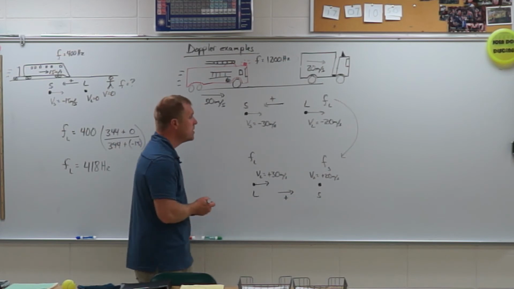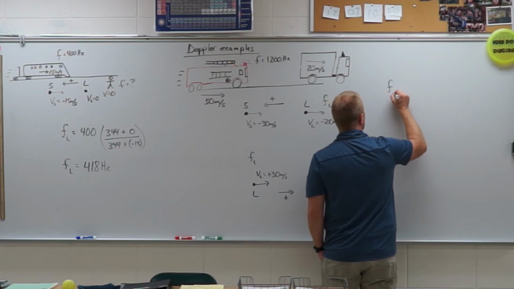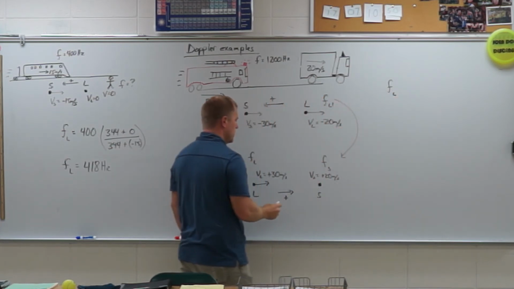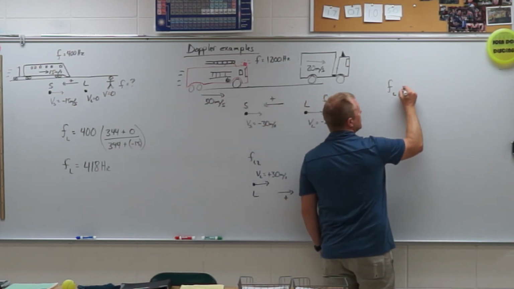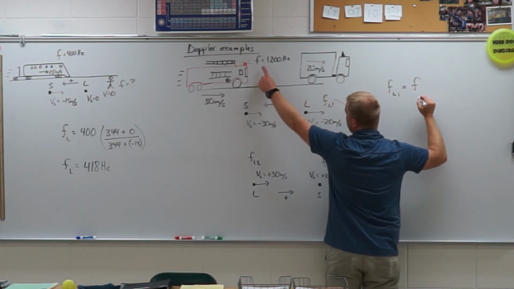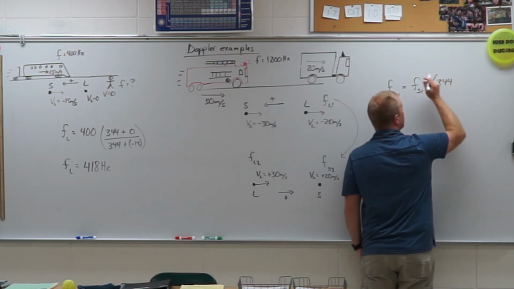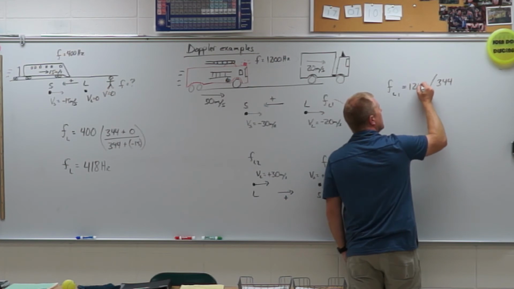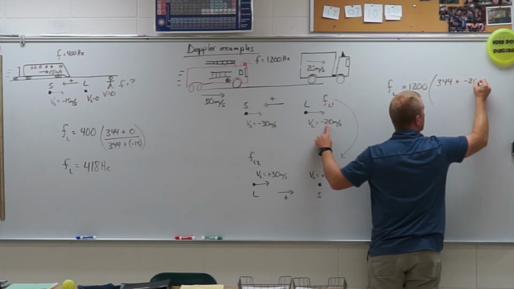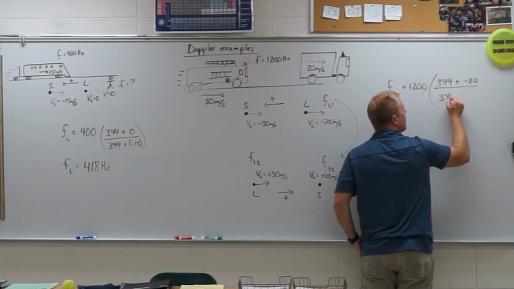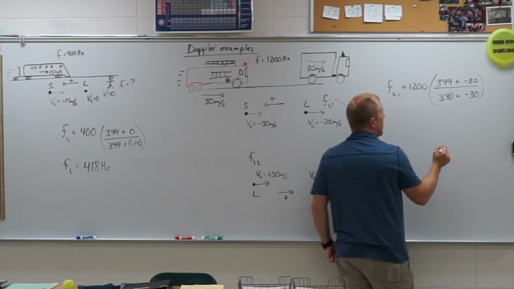So let's set that up. This is how it's going to look in our equation. The frequency of the listener, that's this one. Maybe I'll label this listener 1, and we'll label these 2's down here, is equal to the frequency of the source, 1, which was 1200, times the speed of sound, 344, plus the velocity of the listener, which was negative 20, all divided by 344 plus a negative 30 for the velocity of the truck.